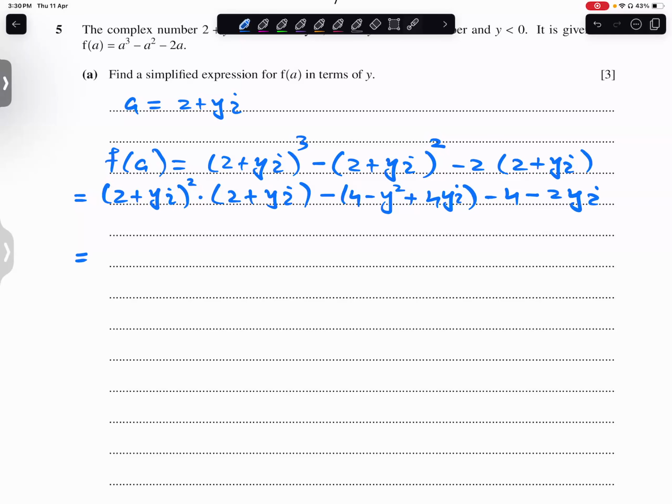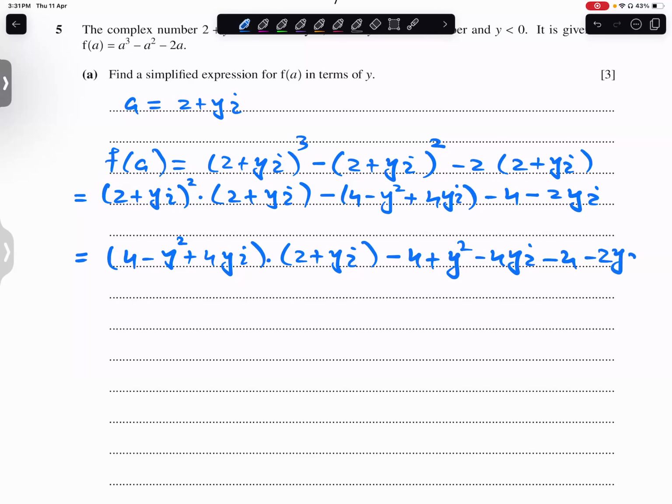Now, students, let's write this expression here because both are squares. So I'm using the answer here directly. 2 plus yi minus, let's open the bracket, minus 4 plus y square minus 4yi, minus 4 minus 2yi.